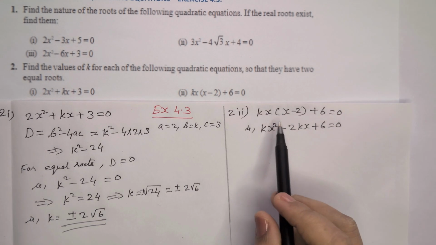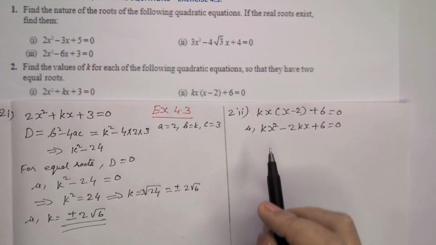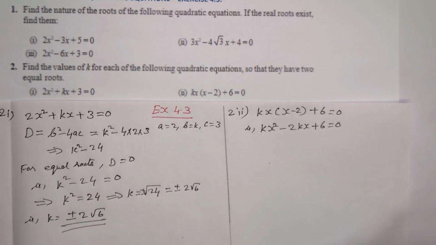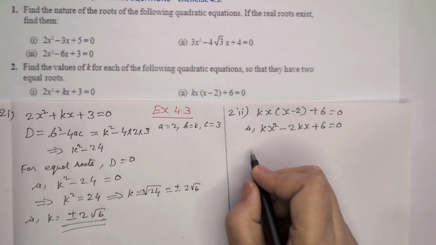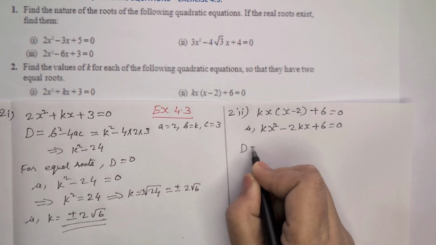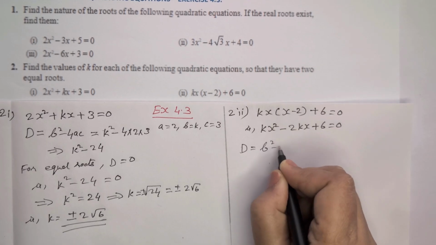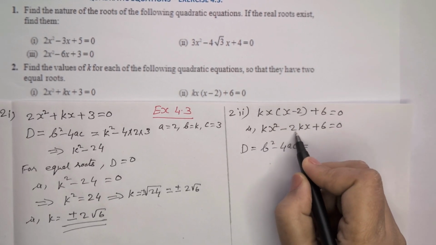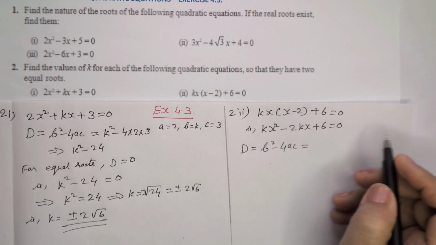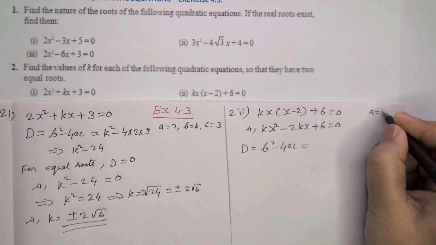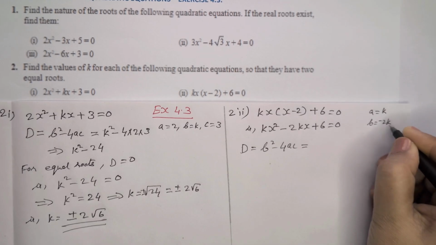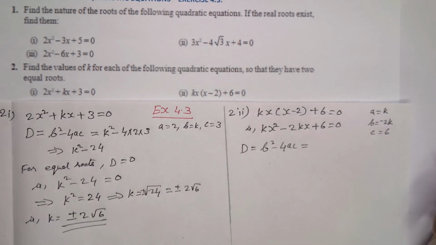Next one, kx into x minus 2 plus 6 is equal to 0. We can rewrite it as kx square minus 2kx plus 6 is equal to 0. Here also first we have to find D. D is equal to b square minus 4ac. A is equal to k, b is equal to minus 2k and c is equal to 6.